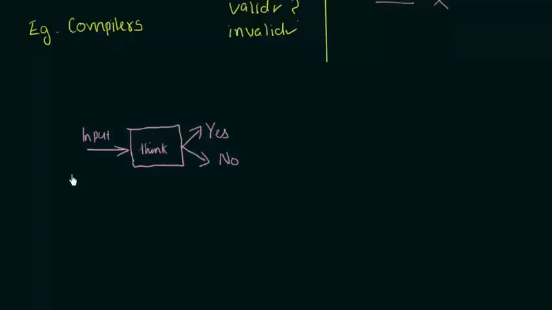We are going to design systems or machines which can take certain kinds of inputs, and based on some rules, should either accept or reject the input. This is what we will be doing.